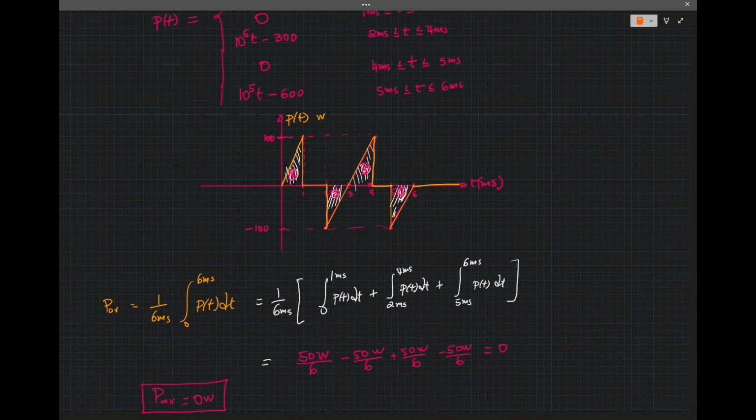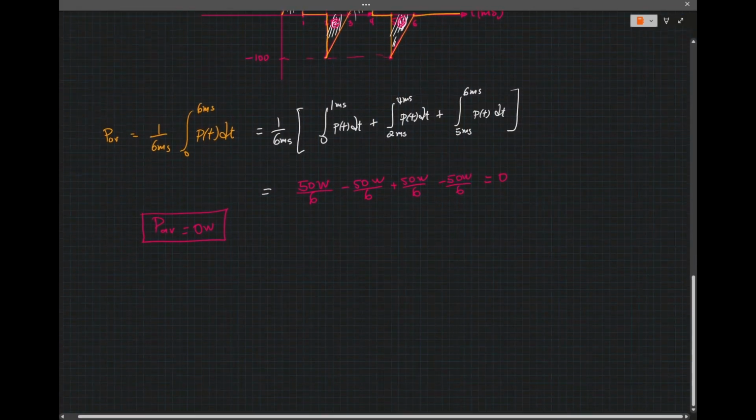This result reflects the fact that the inductor does not dissipate power. Instead it stores energy during, for example, the first 3 milliseconds, and in the second half, the other 3 milliseconds to 6 milliseconds, it releases it, resulting in no net energy consumption over this time period.